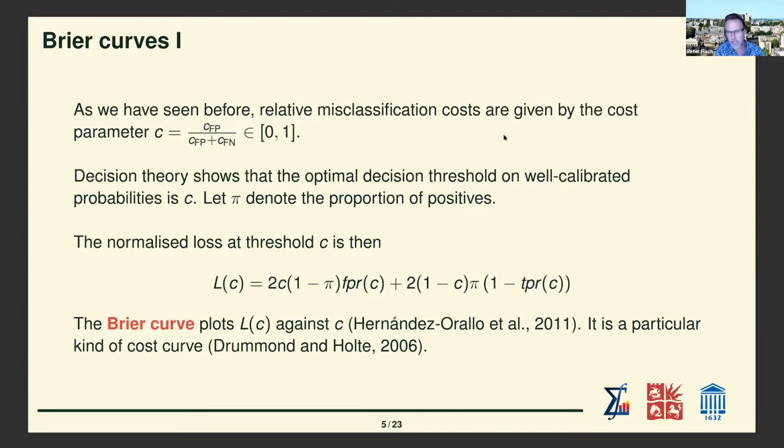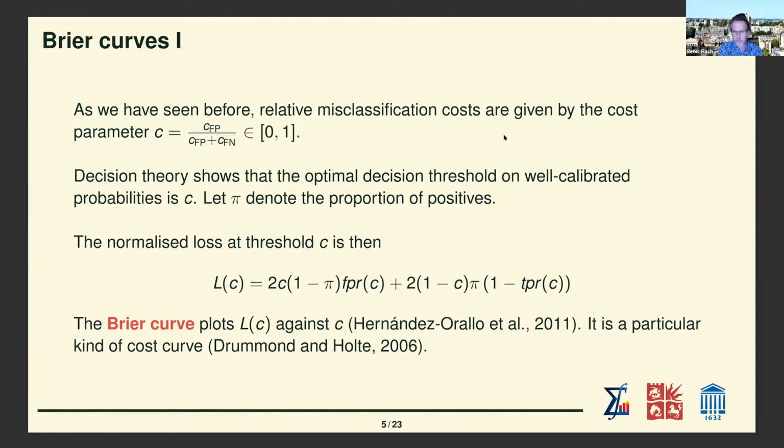So let's unpick that a little bit. There is the false positive rate, which gives you the proportion of negatives that are misclassified, and you have 1 minus the true positive rate, which is the false negative rate, which is the proportion of positives that are misclassified.